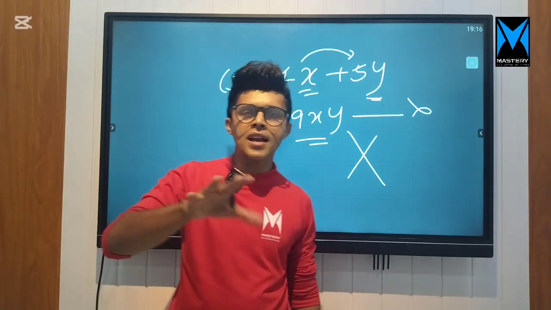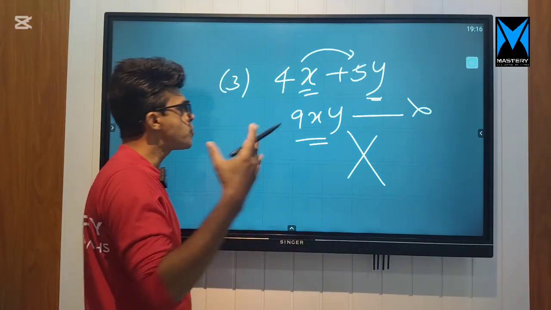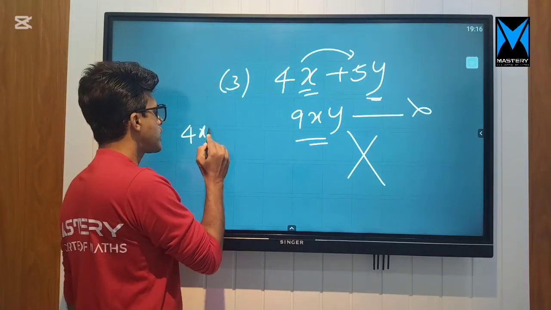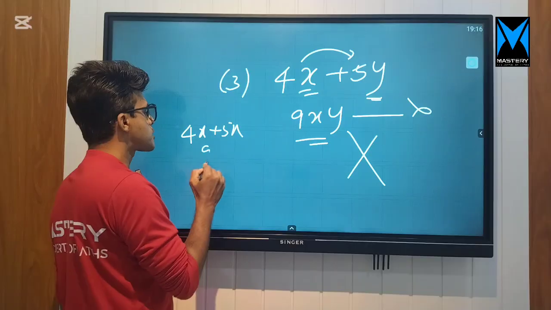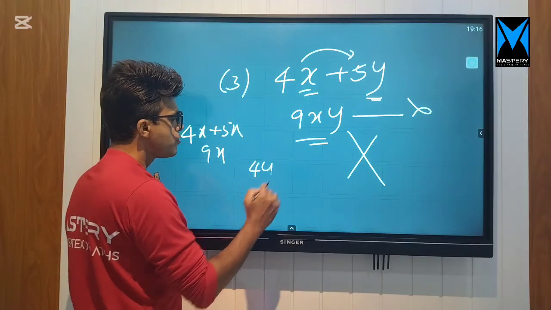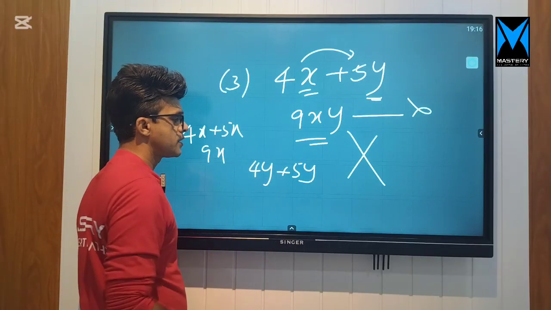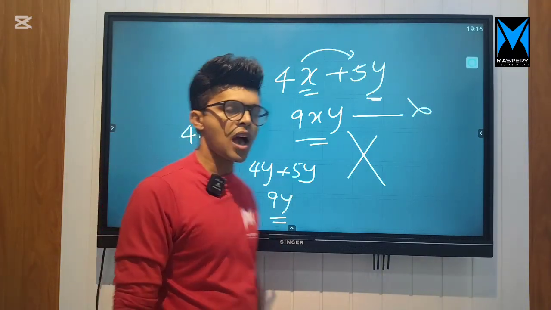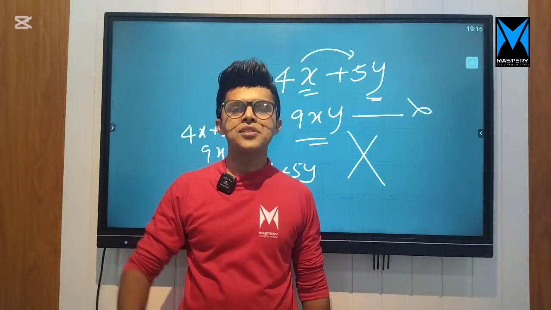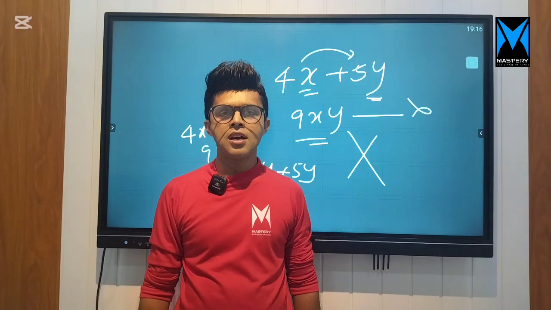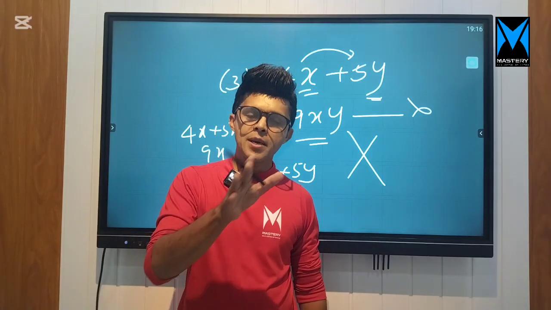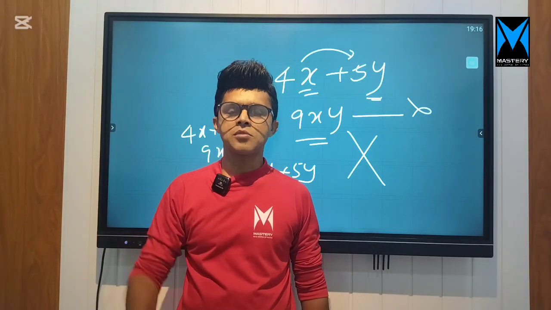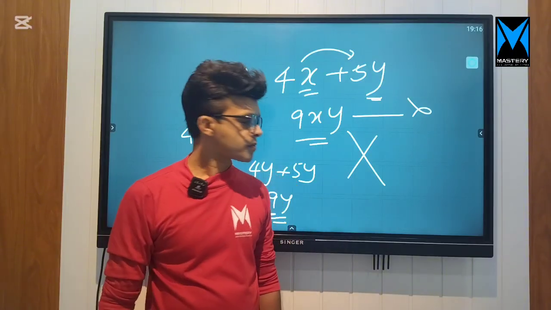If you want to add, then 4x plus 5x is 9x, or 4y plus 5y is 9y. So having like terms is essential to add the given terms. xx, yy, pp, ll, like terms, and so on.